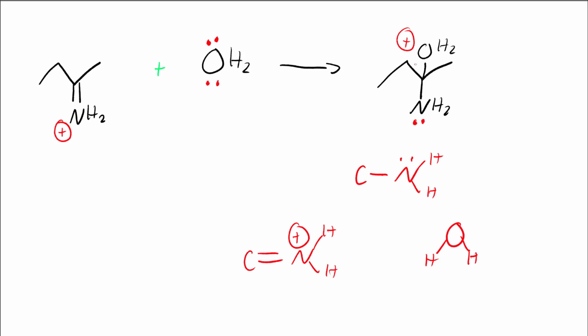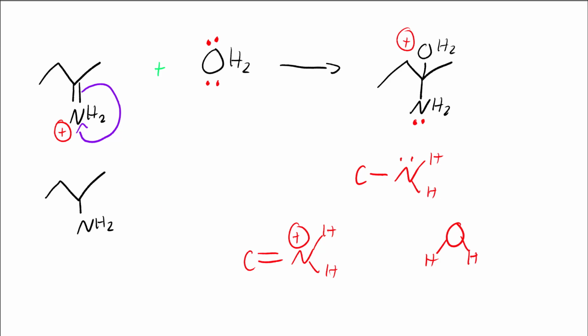And notice that our oxygen actually transferred to this central carbon right here. So how do we describe that with arrow pushing? Well, the first thing I want to do is take care of that nitrogen. I want to take these two electrons and shift them to that nitrogen, giving us this right here.